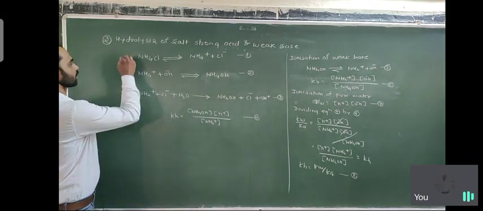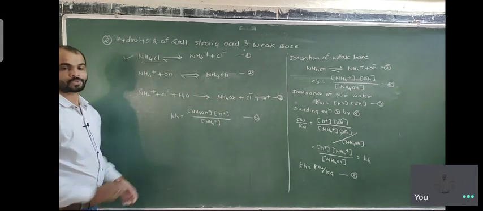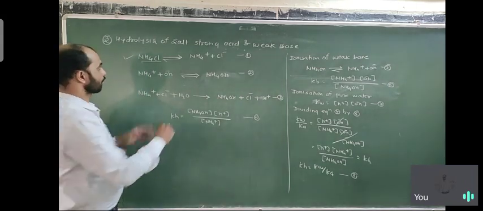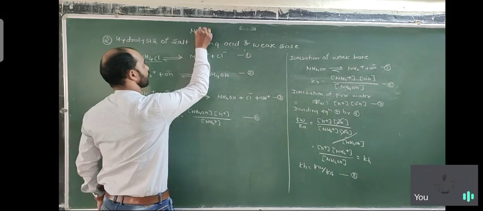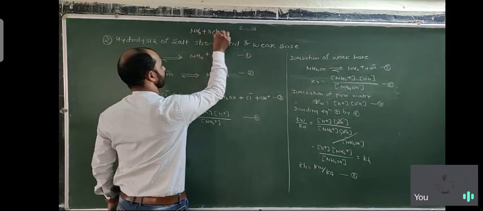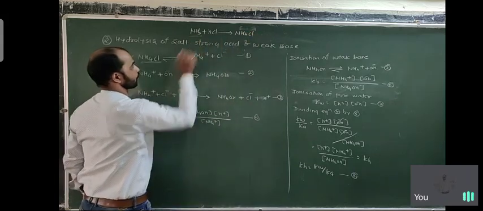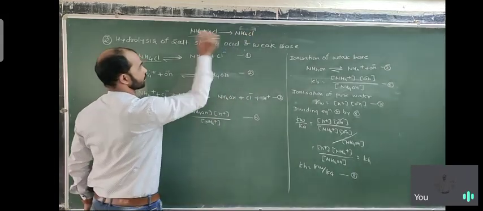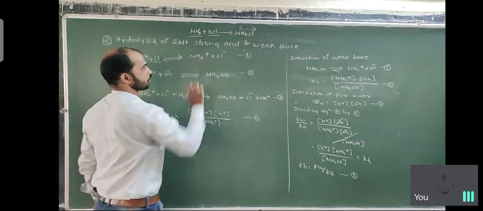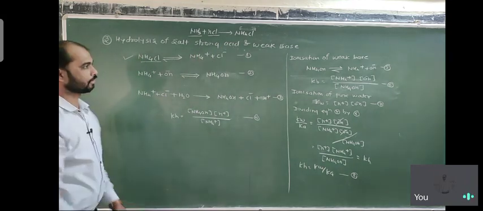Suppose we consider the hydrolysis of NH4Cl, which is obtained by the reaction between NH3 and HCl. NH3 is the weak base and HCl is the strong acid, so it is the salt of a strong acid and a weak base.